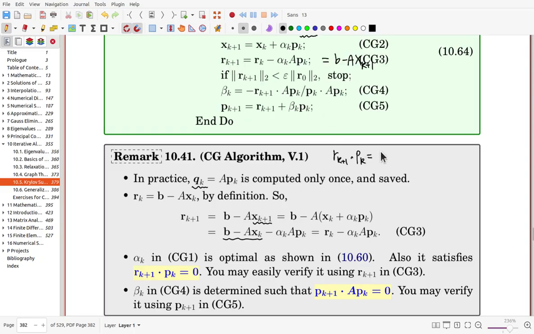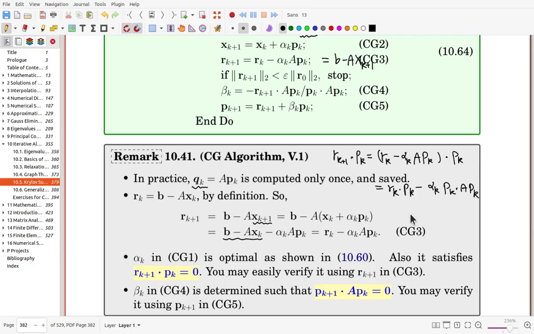That one, which is r_k minus alpha_k A p_k, dot p_k. Then that's the same as r_k dot p_k minus alpha_k, a constant, times p_k dot A p_k.